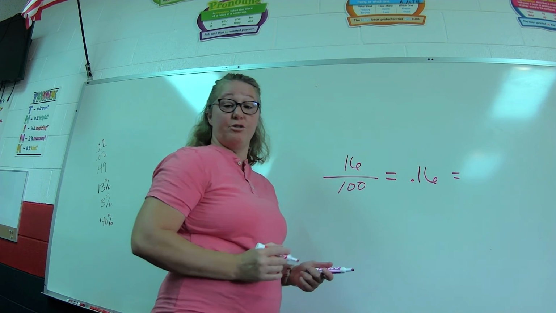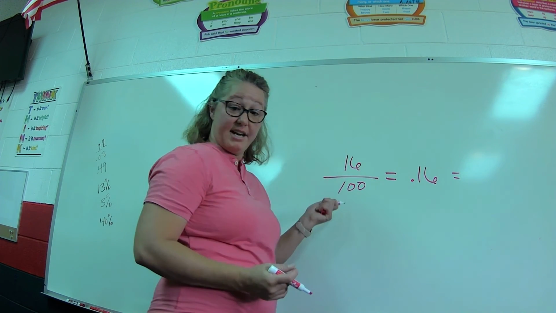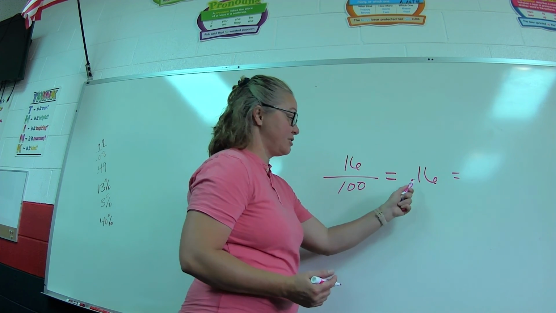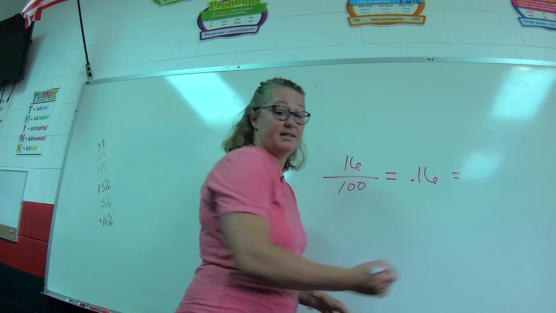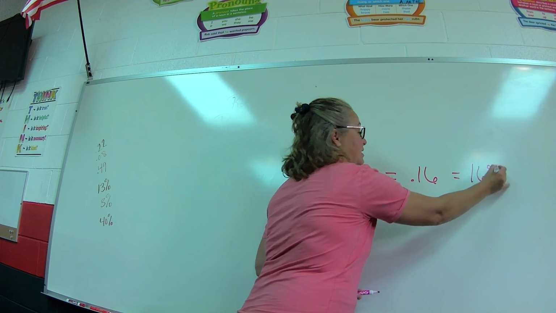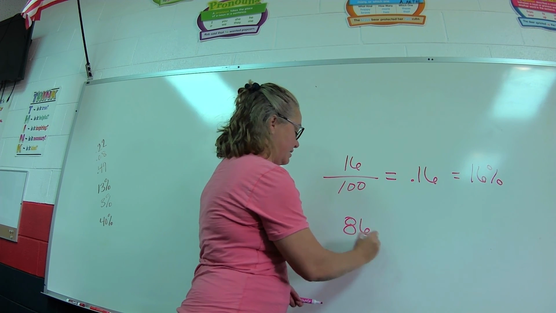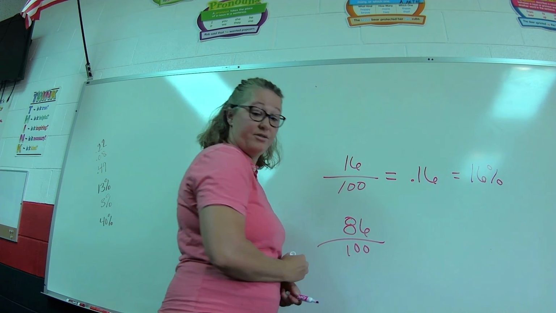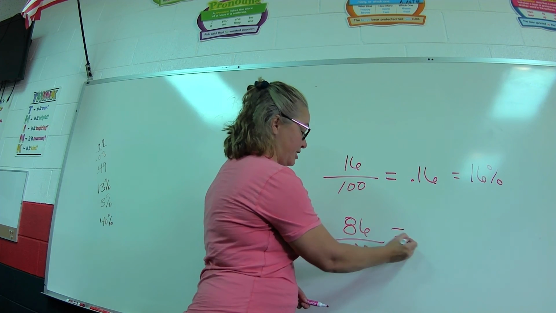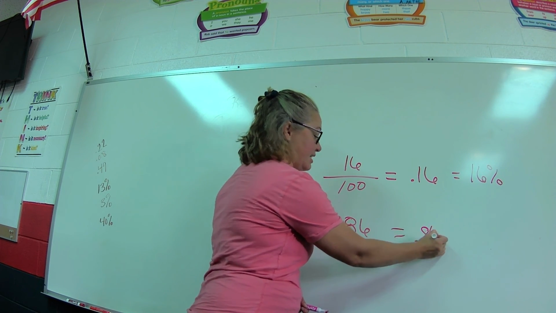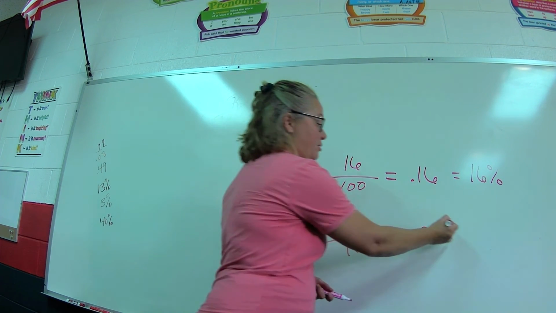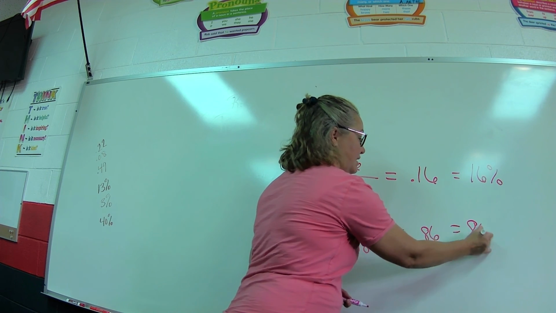And again, I want to go to percent. Percent is out of 100, but I could take this decimal and move it 2 places, and you have 16%. All right, 86/100ths. Let's put it in our decimal, 0.86. Let's put it into our percent, 86%.